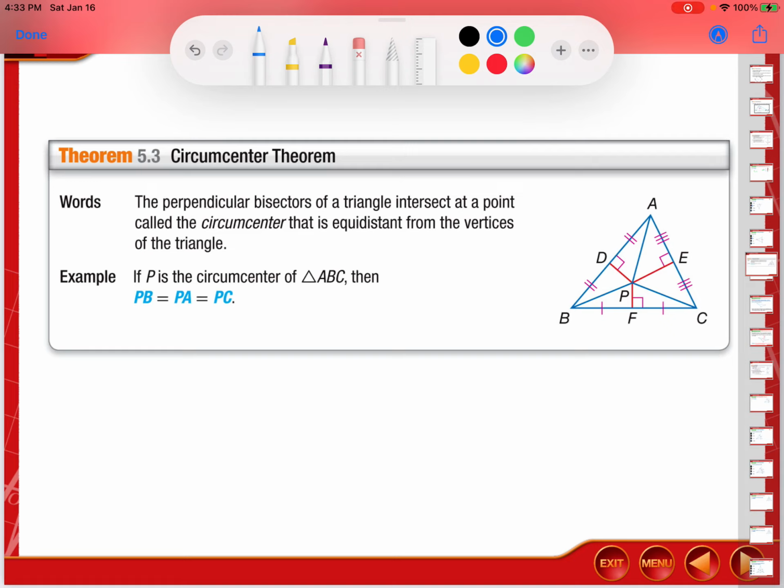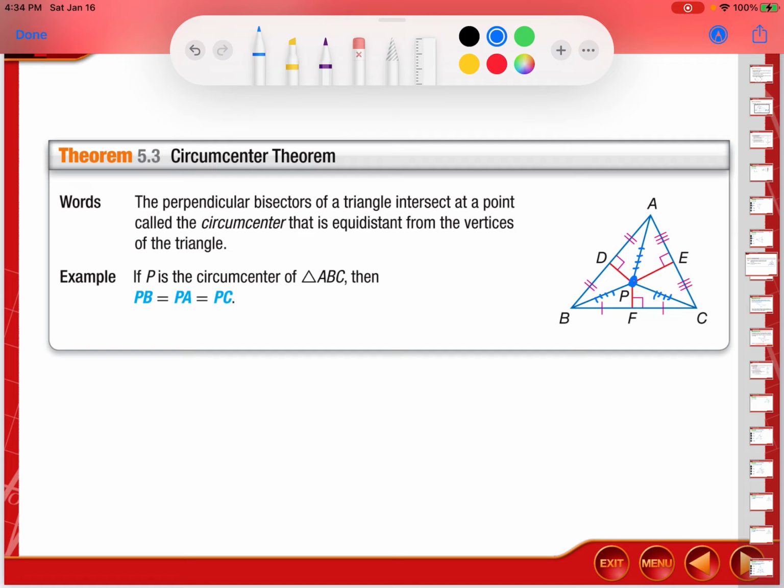So the circumcenter, point P here, is going to be equidistant from the vertices of the triangle, which means this, and this are all equal. Now, me seeing that 3 segments are equal, that rings in my head, you know what? There's probably going to be algebra problems on this, where I have to set 2 things equal to each other.